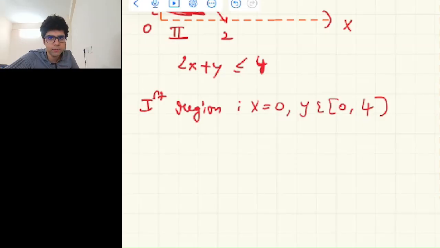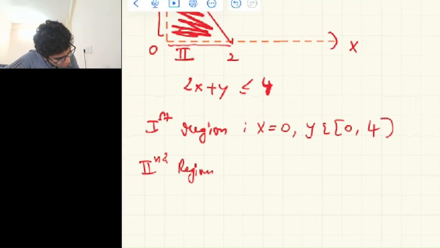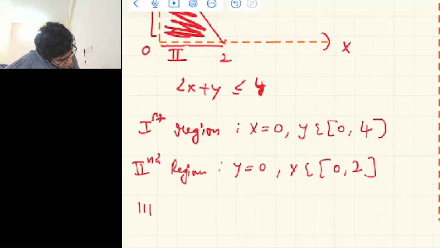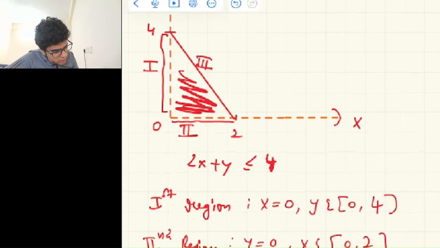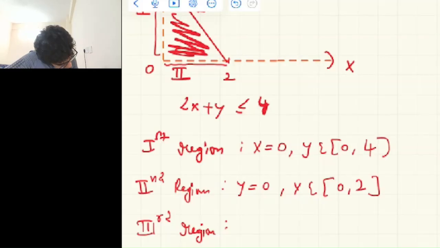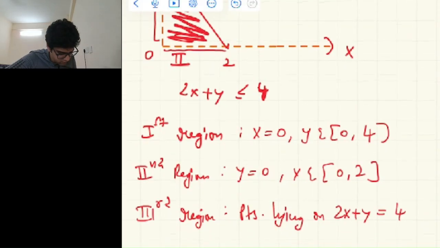Second region is this one. Here we have y is 0, x lies between 0 and 2, right? Third region is all of the points lying on 2x plus y equals 4, right?